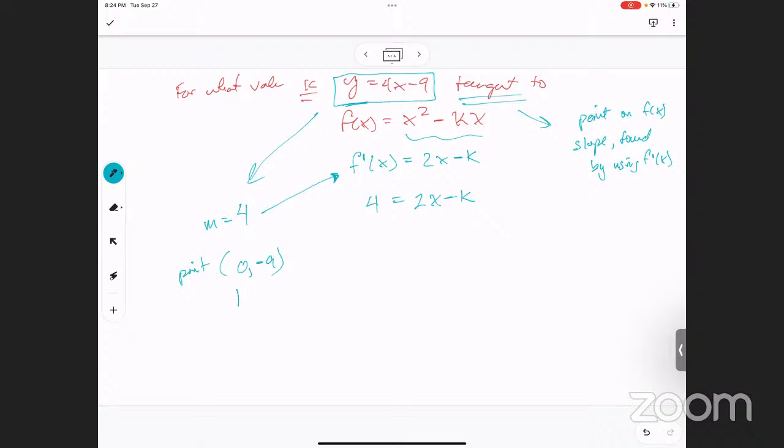Okay, so now I'm going to plug this into f of x. So f of x equals negative 9 when x equals 0. Is that possible? The point on the original, let's see. Okay, no, because I don't know what the point is. No, that's not going to work.